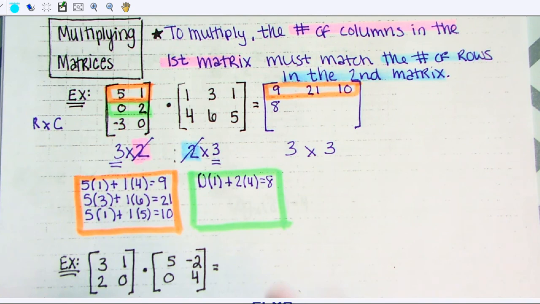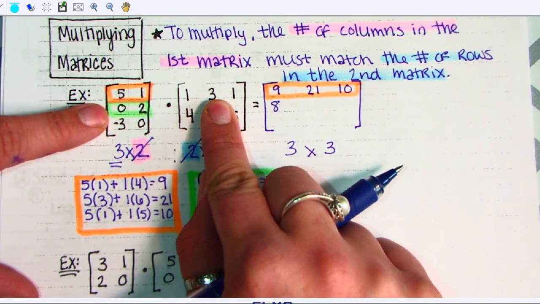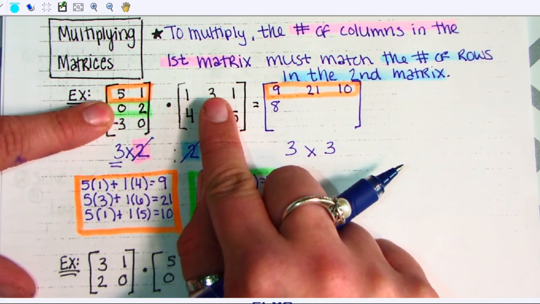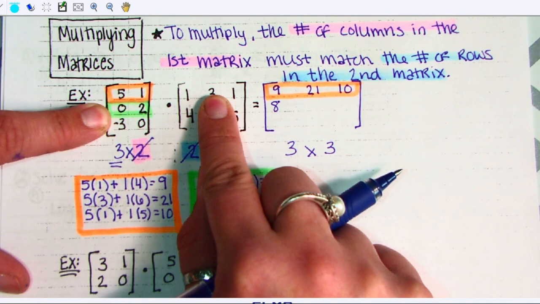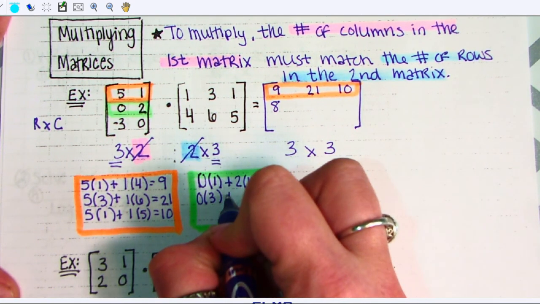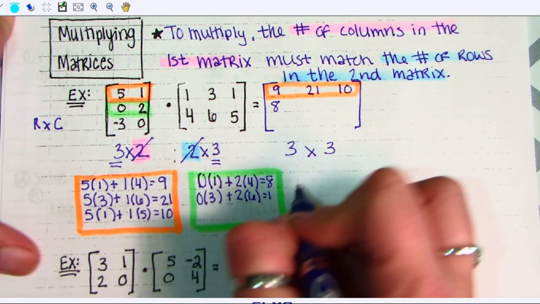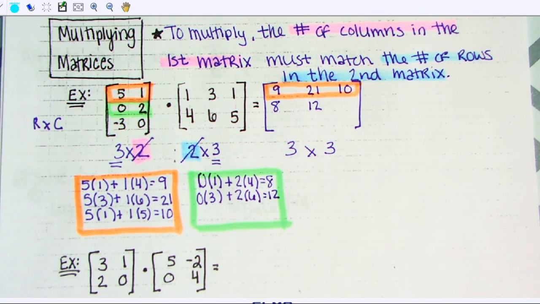Now to get the second number here, you go to the second column, sticking with the second row. 0 times 3 plus 2 times 6. So you get 12. And 12 is your middle number. It can be very repetitive.